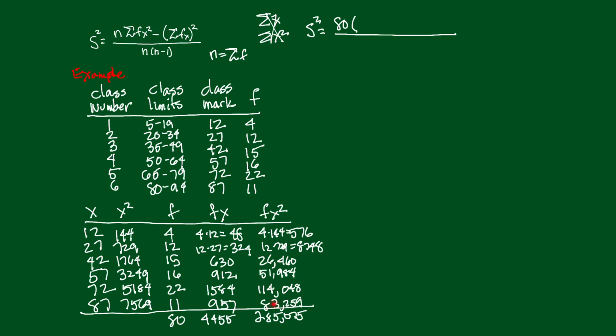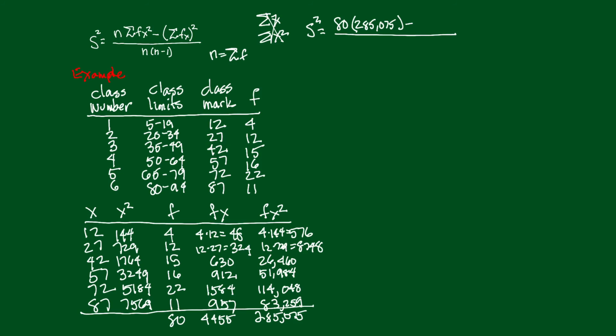That is this number here, 285,075. Okay, let's get that. 285,075 minus, okay, minus what? The sum of the fx. There is the sum of the xx, but I need that squared.